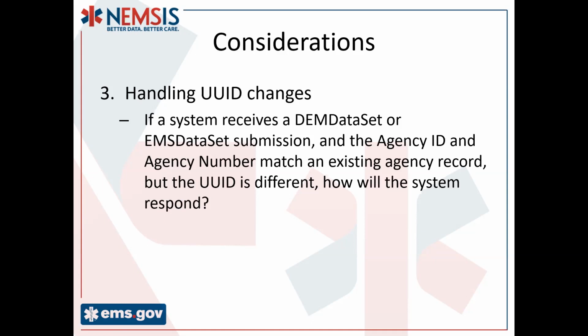Okay. Any other thoughts on the handling of these two scenarios of changing the agency ID and number versus when a UUID changes for the same agency ID and number? So from what I just heard, it sounded like we're going to be relying on the UUID quite a bit in terms of matching.